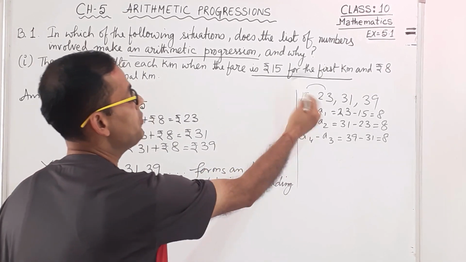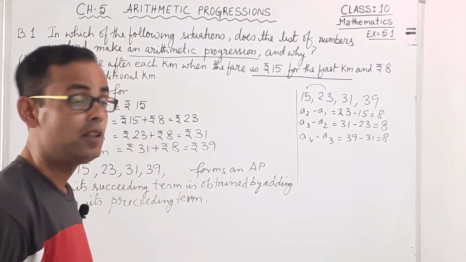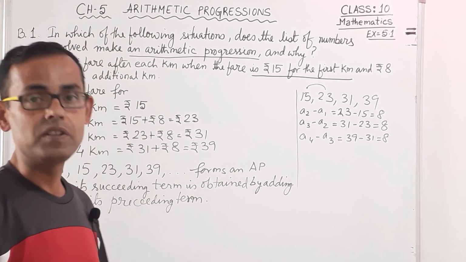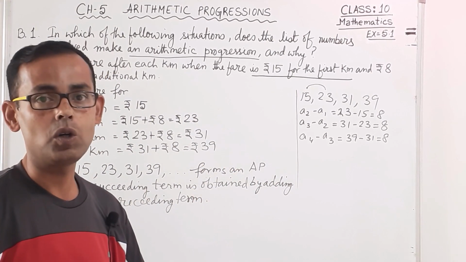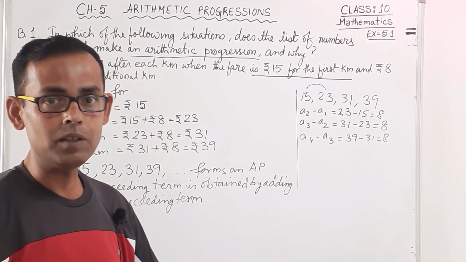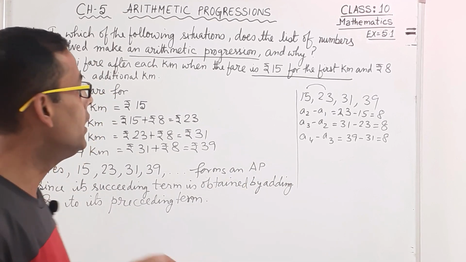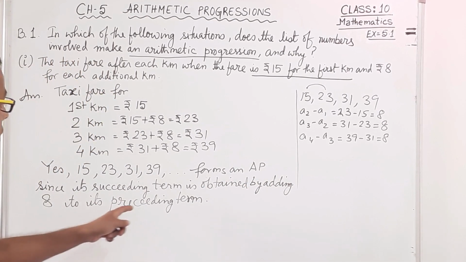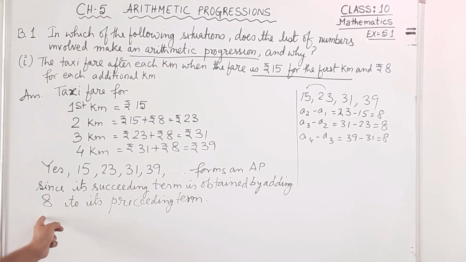For 23, before 23 is what? 15. So that is called preceding term. The next one is called succeeding term. Previous one is called the preceding term. So with the preceding term, when you are adding 8, you are getting the succeeding term. So I think the first sum B1 Roman 1 you have understood.